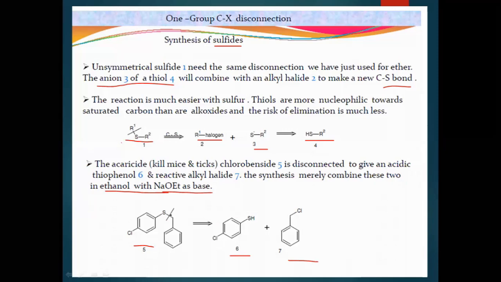So during the disconnection, try to do the carbon sulfur cleavage, not over this carbon sulfur, because it will lead to complicated reactants. Instead, you always think that if CH2S is available, try to do the disconnection at the CH2S site, because you know that in the thiol the S carries a negative charge and SH is the synthetic equivalent for this S minus synthon, and the CH2 plus, as and when you have a CH2 plus as a synthon, then you can propose CH2Cl as a synthetic equivalent.